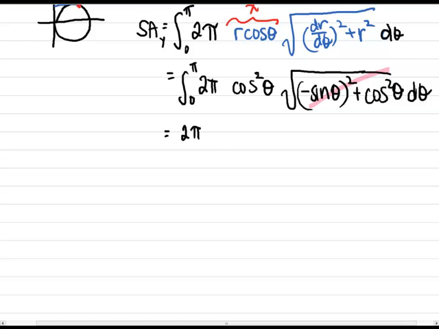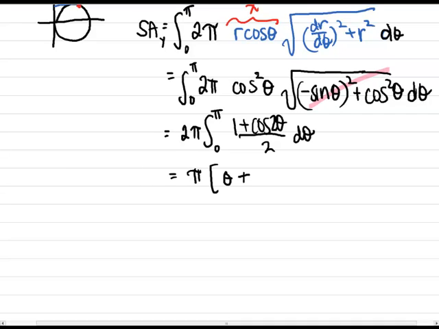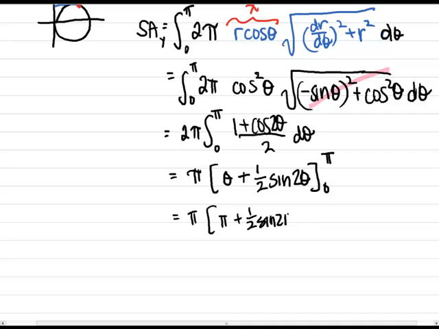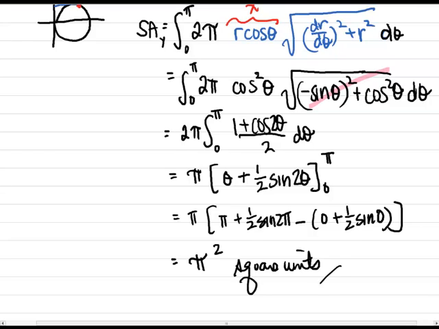That's going to require our power reducing formula, 1 plus cosine 2 theta over 2. So when I integrate, I get theta plus 1/2 sine 2 theta, which gives me pi plus 1/2 sine 2 pi minus 0 plus 1/2 sine 0. And this works out to be pi squared square units. And there's our last example for all the new stuff for Calc BC.